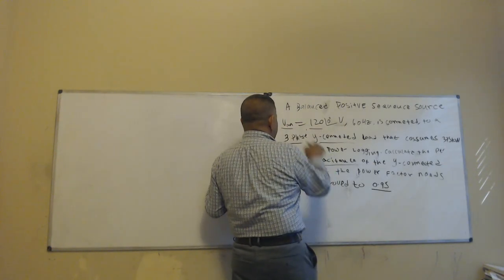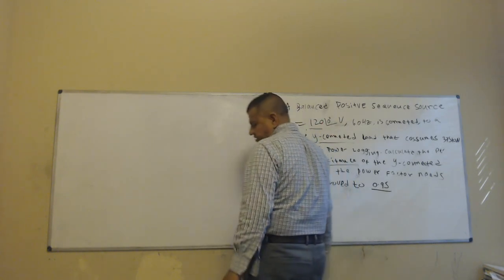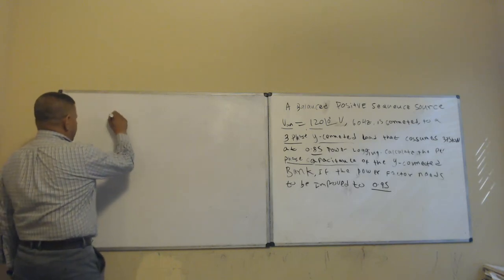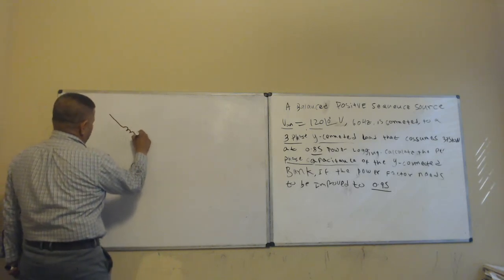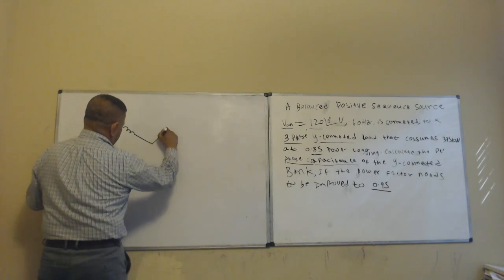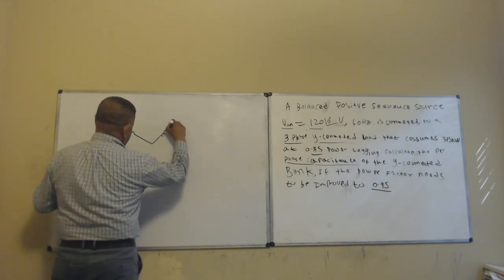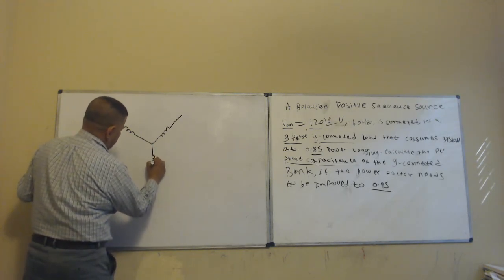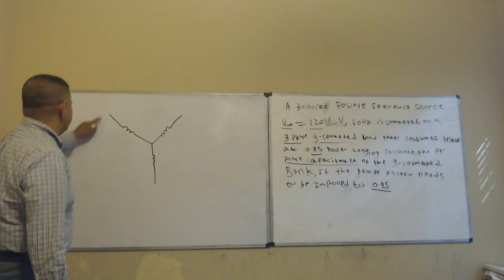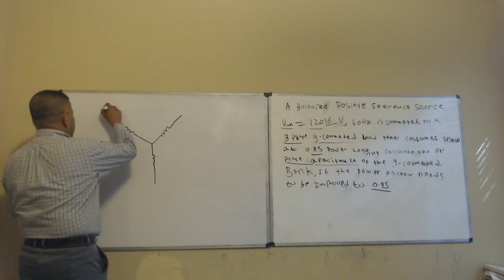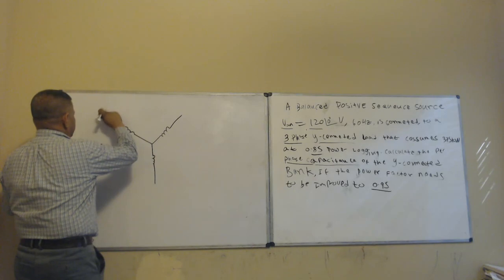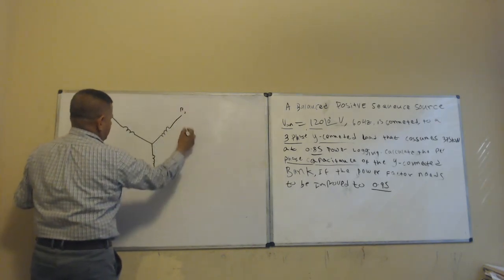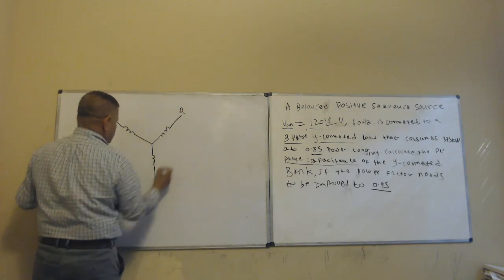We have a V_AN, which, if you watched my last video, is something like this. And then you have your Y connected system like this, with A, B, and C, right?